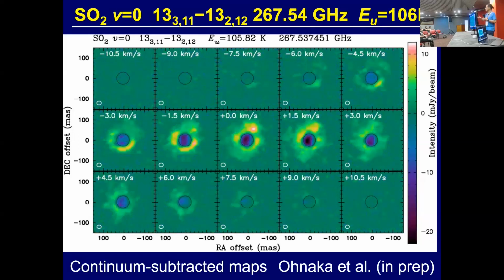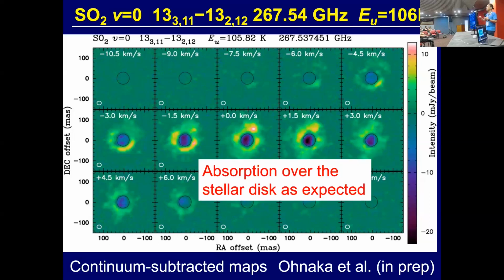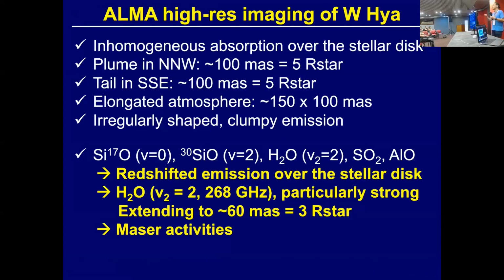Now, let's go to another SO2 line. Here, we see many features, that's fine. But then over the stellar disk, it looks dark blue because we see absorption, no emission. So the same SO2 lines, but one line shows emission, one line only absorption, as expected. So far the summary is we see everywhere irregular shaped clumpy emission, plume, tail, and so on.